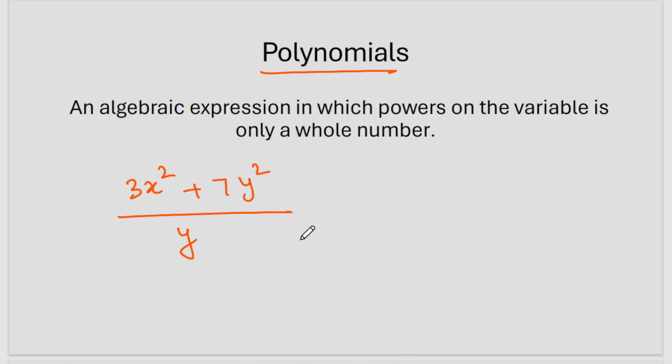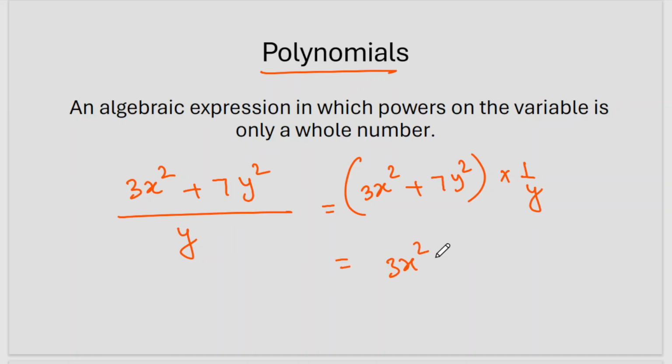See, we can write this as 3x square plus 7y square into 1 by y. Now, 1 by y can be written as y to the power minus 1.